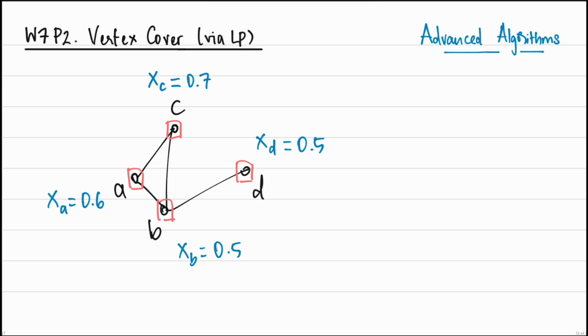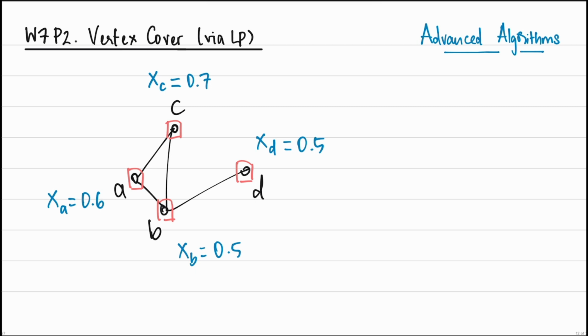Now there are two aspects to this idea that we have to worry about. The first is, well, when we do this, do we always produce a vertex cover? In this example, since we ended up picking everything, sure, we do produce a vertex cover.